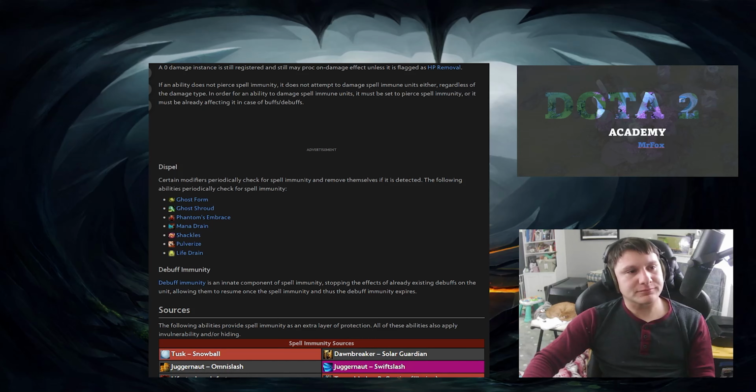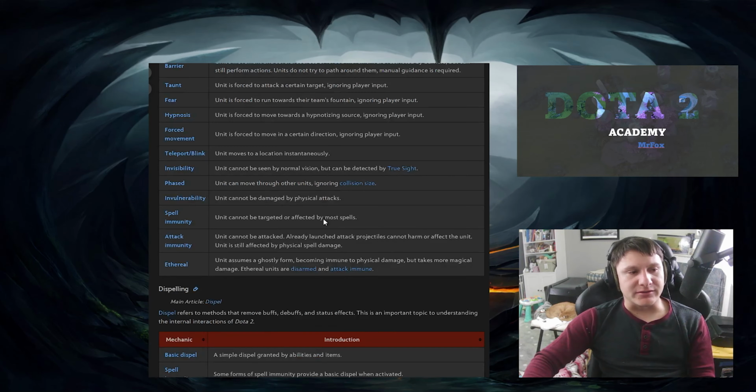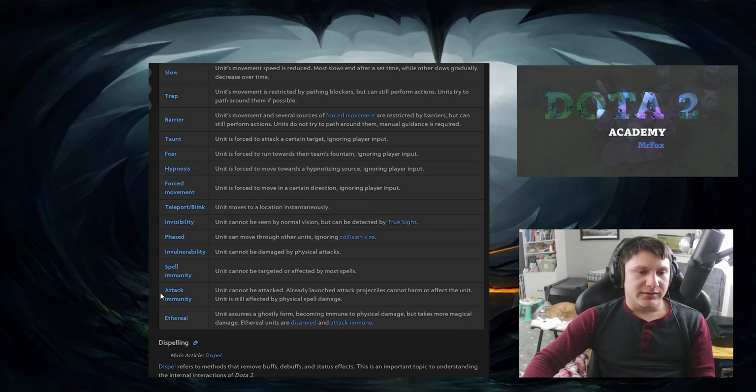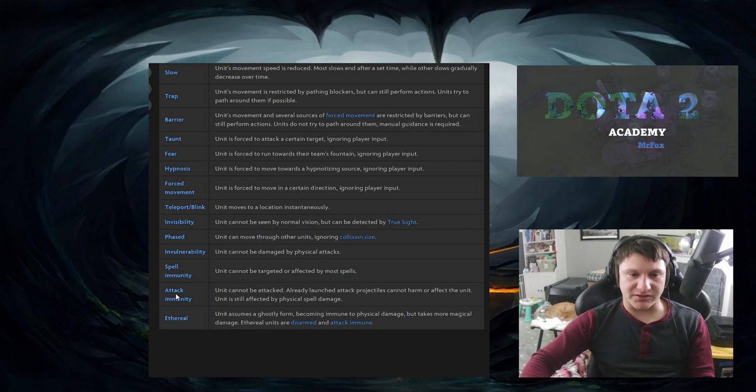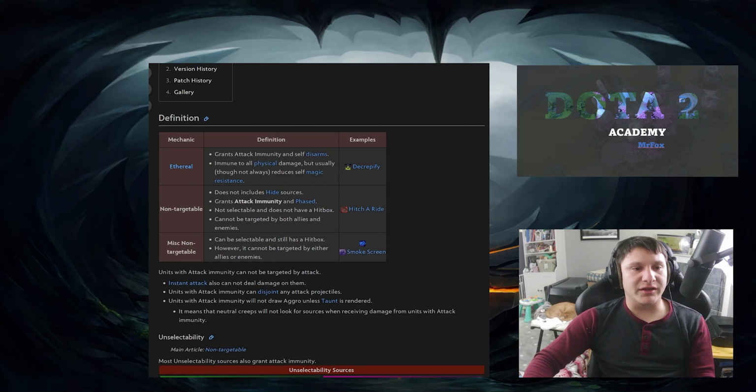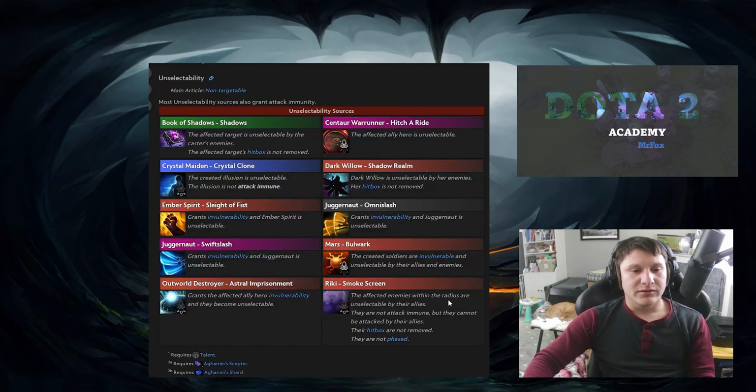All right. Back to list. Attack immunity. Unit cannot be attacked. Already launched attack projectiles cannot harm or affect the unit. Unit is still affected by physical spell damage. Most likely this is going to be similar to Ethereal Blade. Yep, ethereal, non-targetable, miscellaneous, non-targetable.